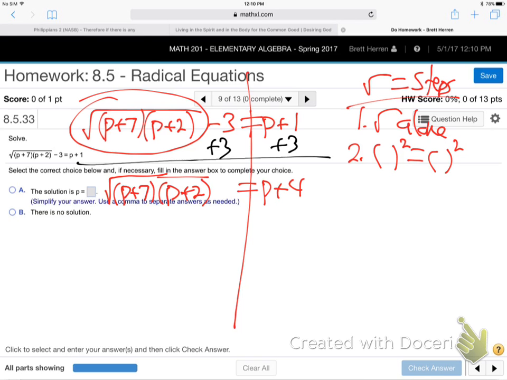Alright, so you get the hang of these root plans: you get the root alone, and then you 2 power both sides. The root's alone now, he's the whole left side. Now do parentheses, 2 power, parentheses, 2 power.